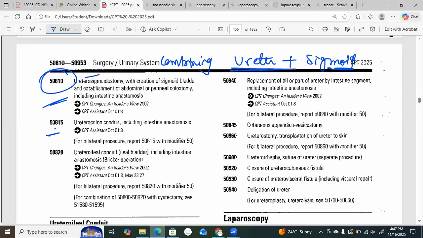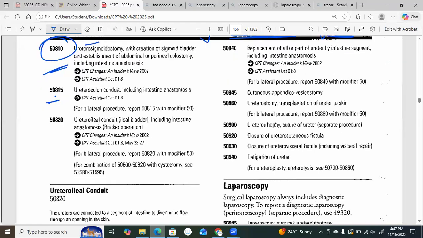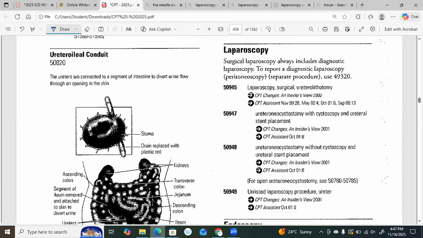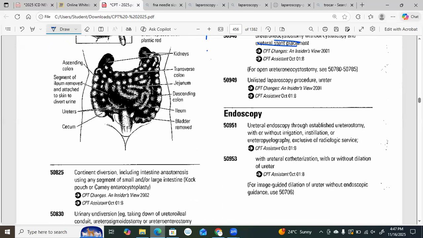Next, after the conduit, we have the same procedures with the laparoscopic approach. So you have to look for the approach. We have the endoscopic section also in the ureter. Endoscopy means a scope has been inserted through the natural orifice to see for diagnostic purposes or to see what's happening inside the body.